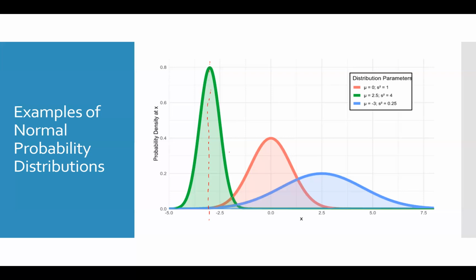Similarly with the red one, we have a mean of 0 and a standard deviation of 1. If you focus just on it, hopefully you can see that bell shape. Again, it's symmetric and it's continuous. Similarly with the blue, you know what?